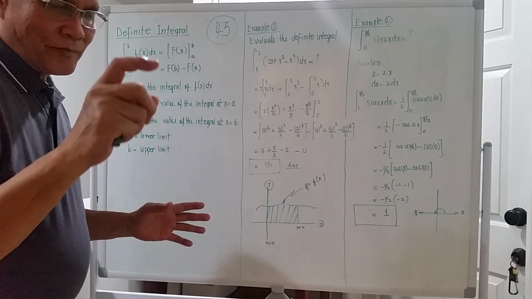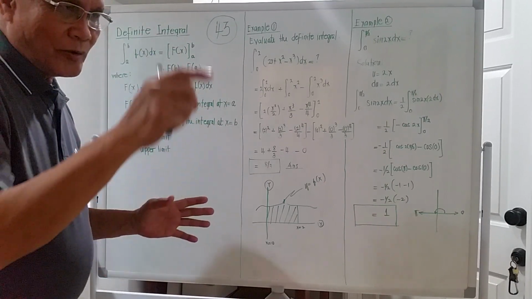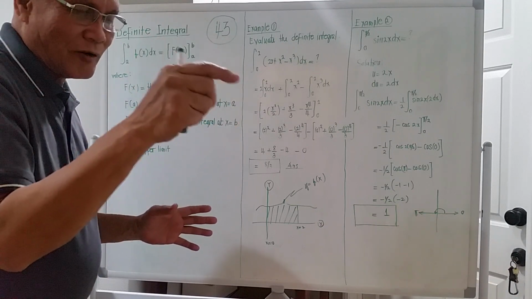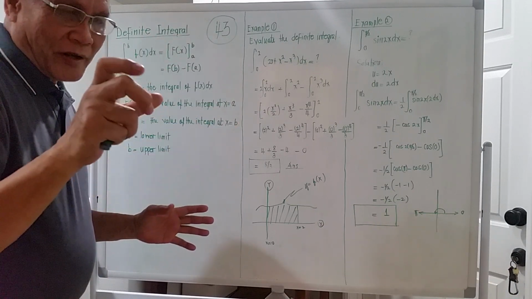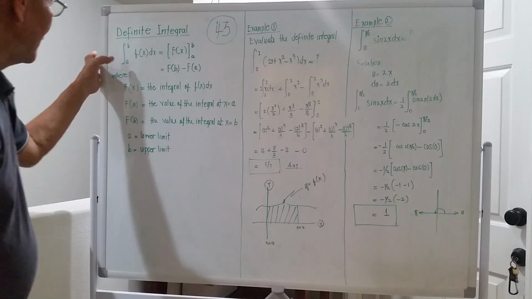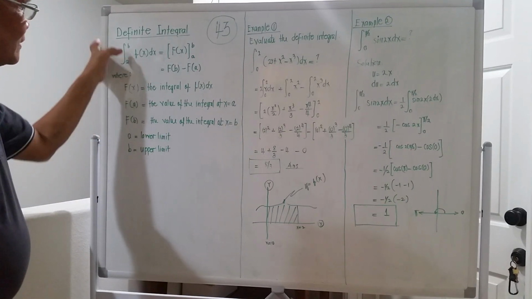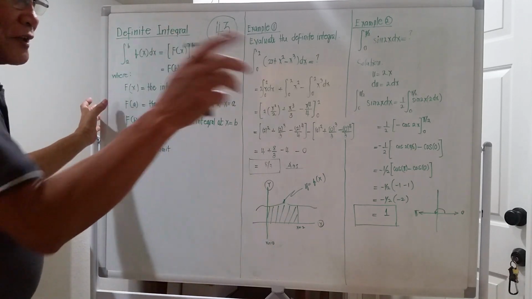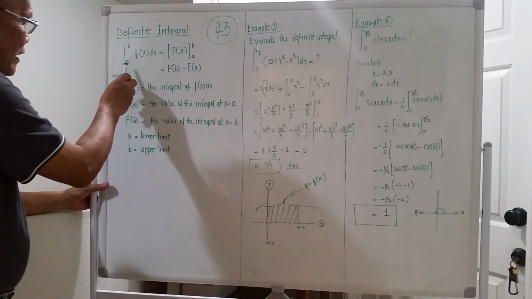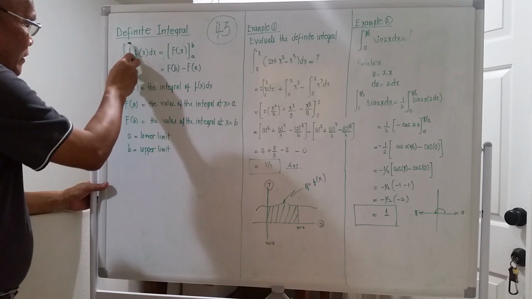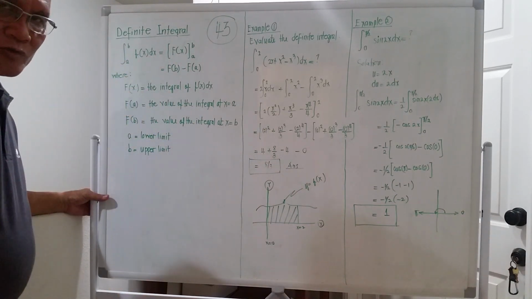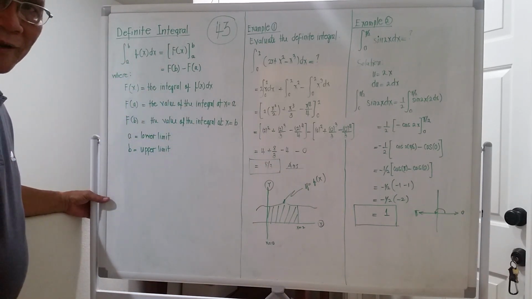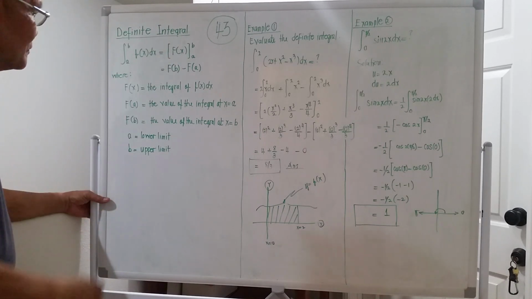For definite integral, we do not place a plus c on our final answer. The reason why? It has a lower limit and upper limit. So if you see an integral sign with the value a here and b here, that is supposed to be a definite integral.